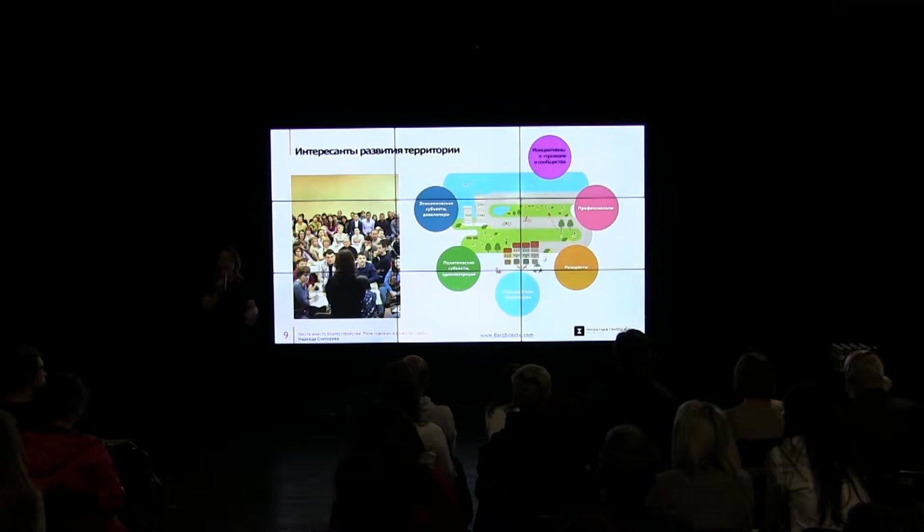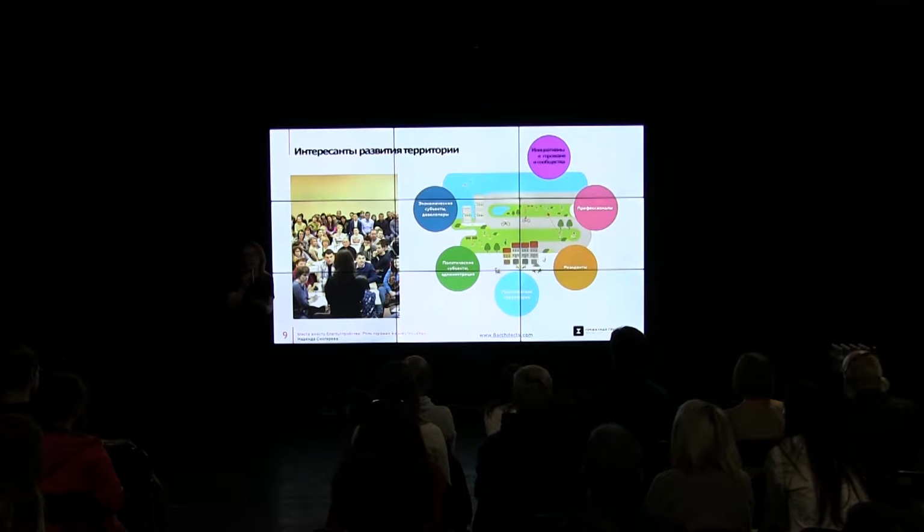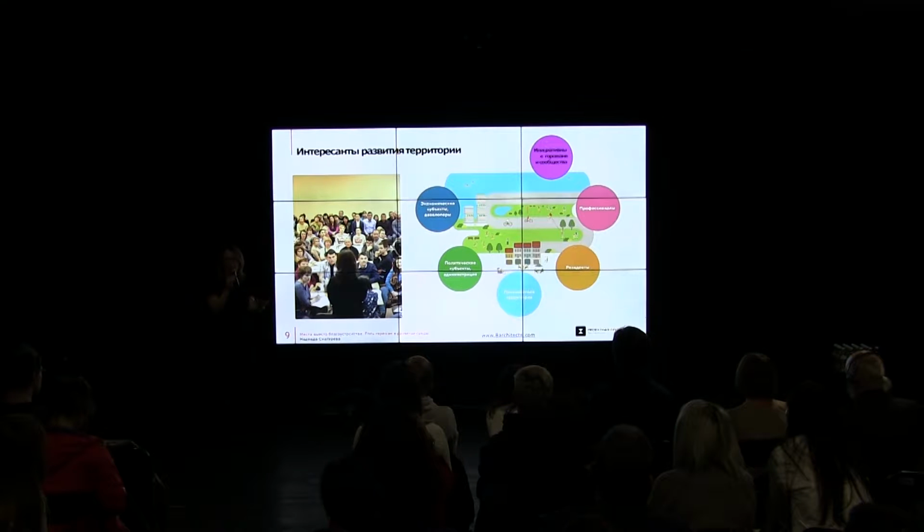If we talk about public spaces, they may not live next to the space, but they may just use those spaces. For example, users in the majority of yards are parents with young children and elderly people. Other people are not that interested in yards, in backyards of houses.